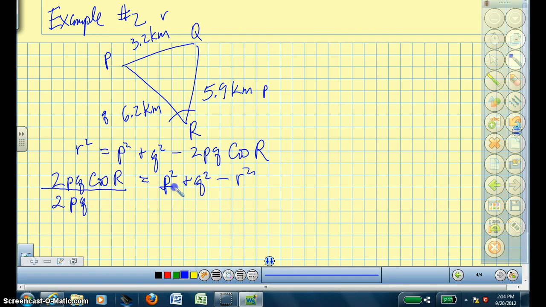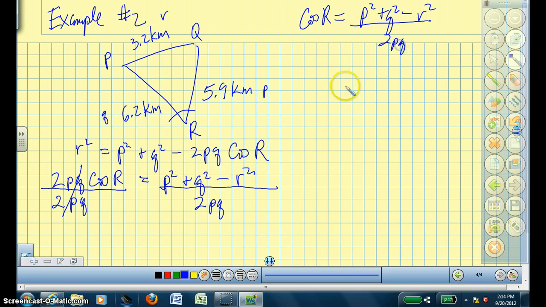So I'm going to divide this whole expression on the right side by 2pq. This here cancels to 1. So now I have an expression where cos r is equal to p squared plus q squared minus r squared, all divided by 2 times p times q.